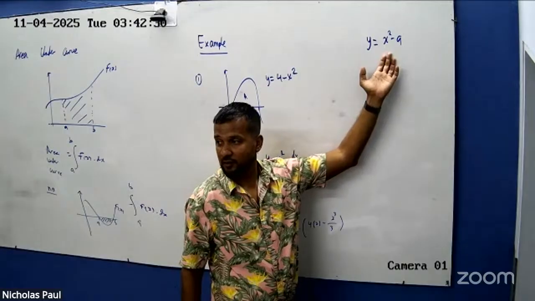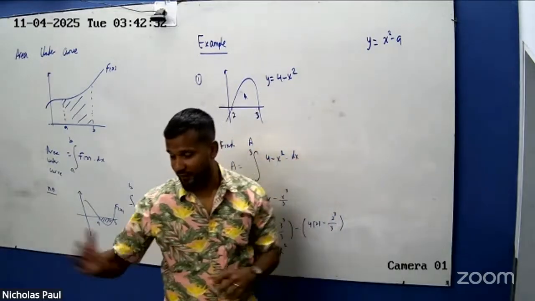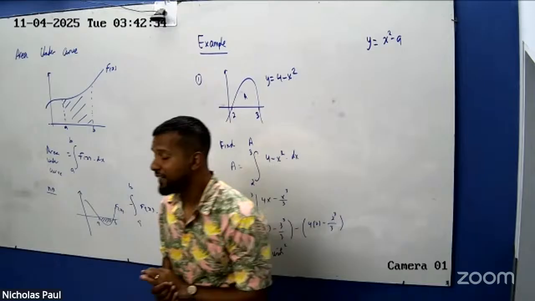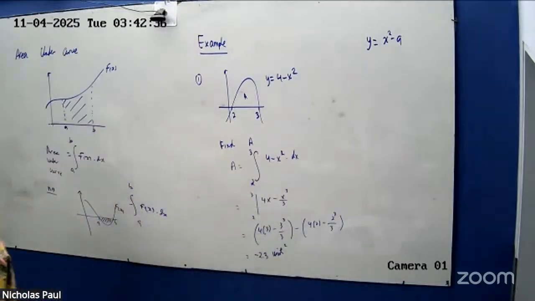That's a quadratic. Difference of two squares here will help you.